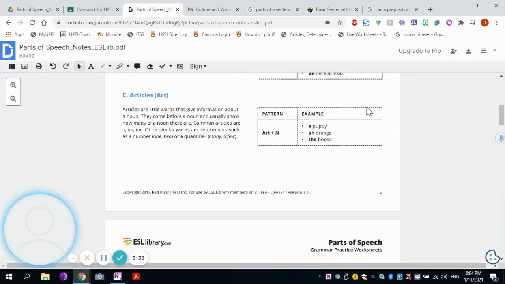The pattern that we can have with an article would be an article plus a noun. Okay? If there's no noun, there will not be an article. If there is a noun, there might be an article. So an example of that, of article plus noun, is a puppy, an orange, the books.